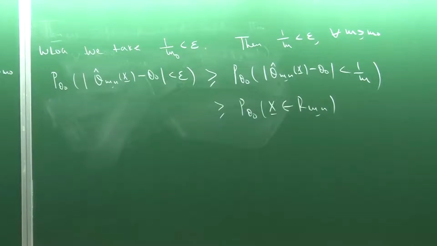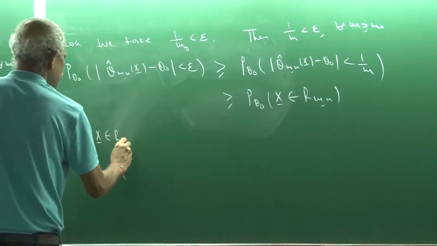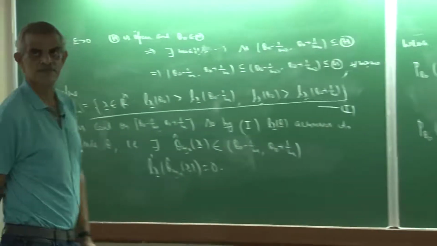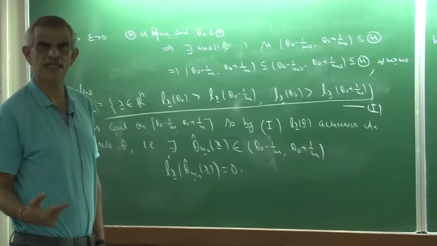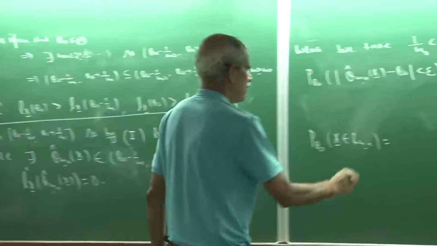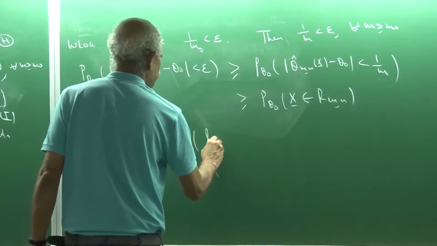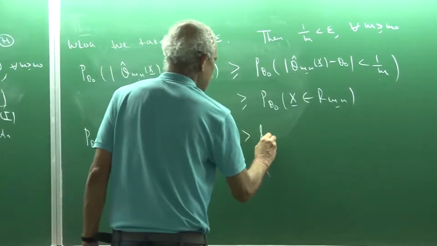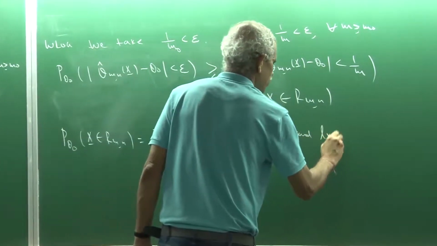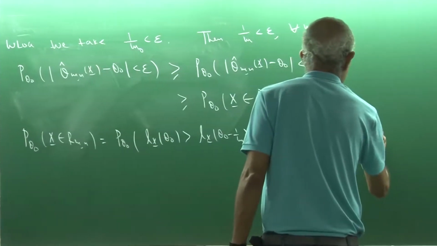But what is the probability of x belonging to Rmn? P theta naught of x belonging to Rmn is the same as the probability of this intersection. But you know that the probability of A intersection B is always greater than or equal to the probability of A plus the probability of B minus 1. So first you write down that this is the same as P theta naught of Lx theta naught is greater than Lx theta naught minus 1 by m, and Lx theta naught is greater than Lx theta naught plus 1 by m.